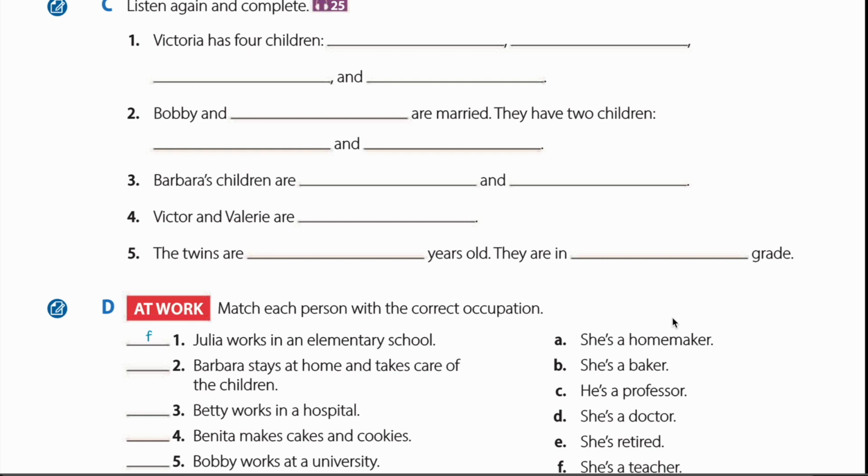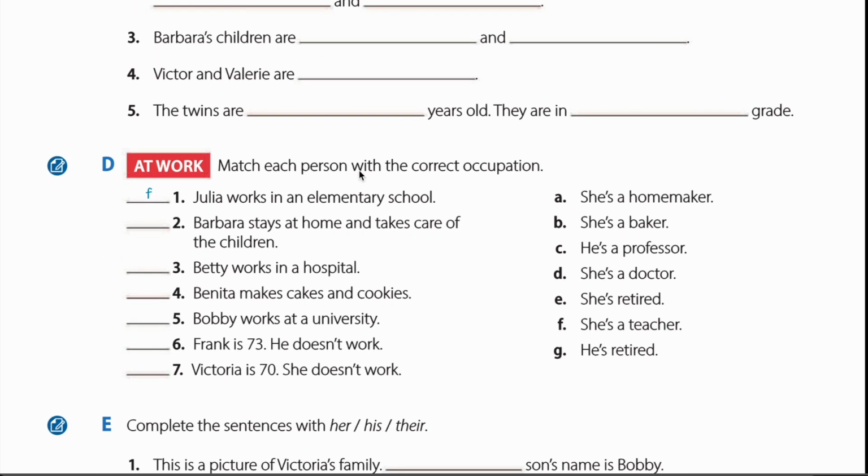Okay, moving on, we have exercise D. You have to match each person with the correct occupation. For example, Julia works in an elementary school. So what does she do? She's a teacher, right? So if you need to listen to it again, go back to a previous activity, play the audio, and then match the occupations with the person.